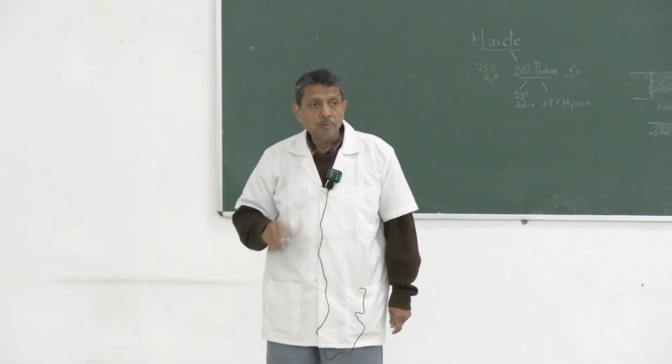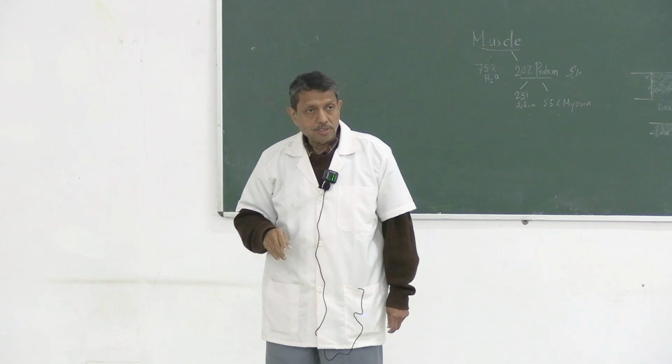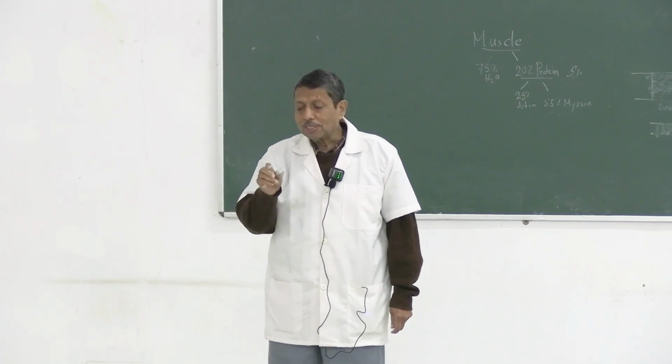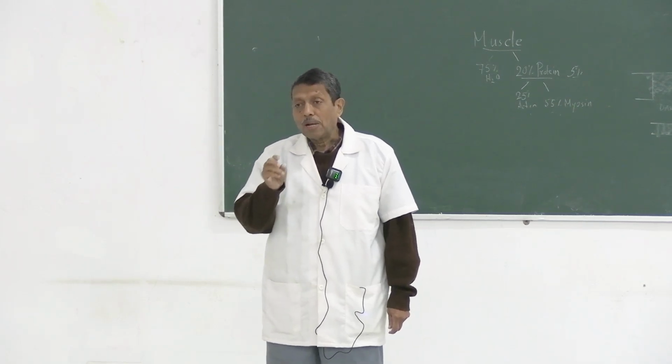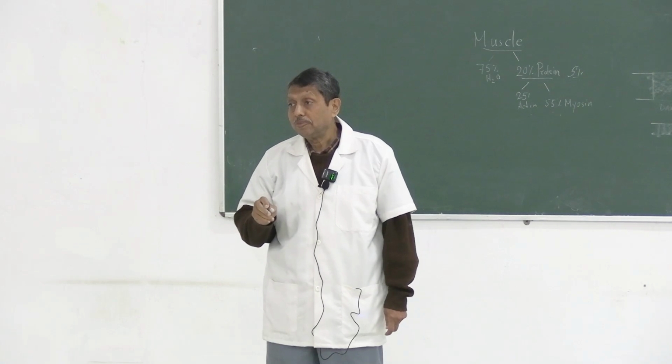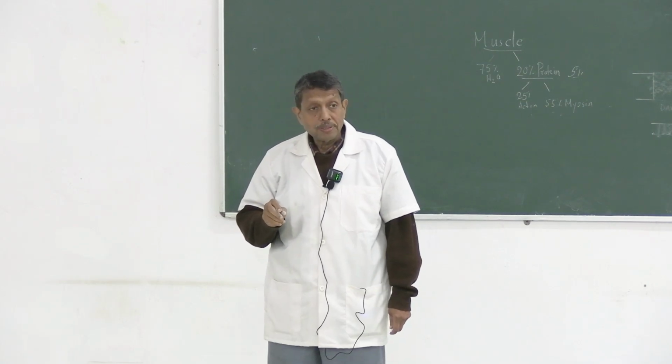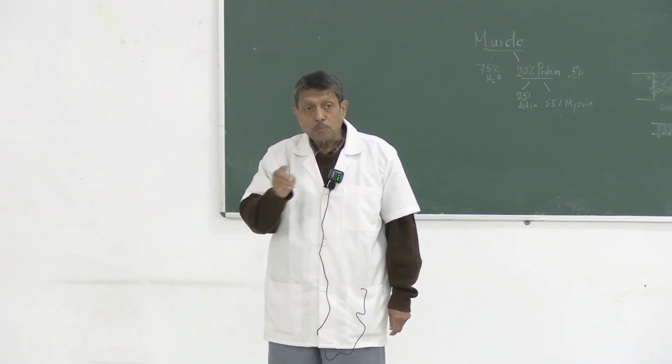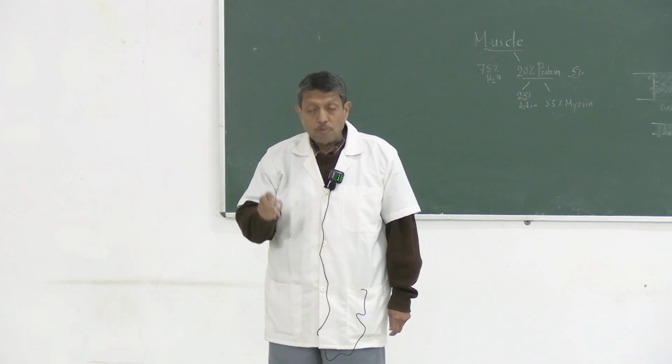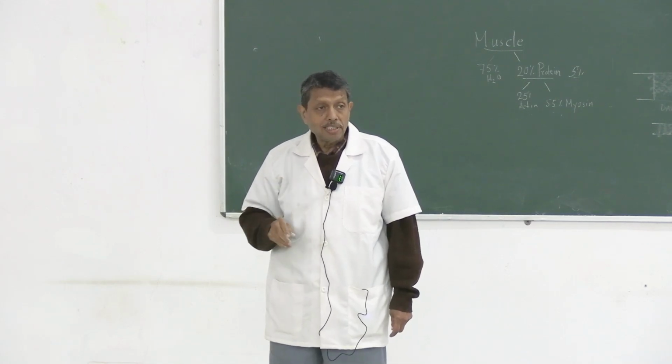Fascicles are formed of individual muscle cells, and individual muscle cells are comprised of myofibrils. And the fibrils contain the filaments, and filaments are formed of molecules. In this way they are organized.